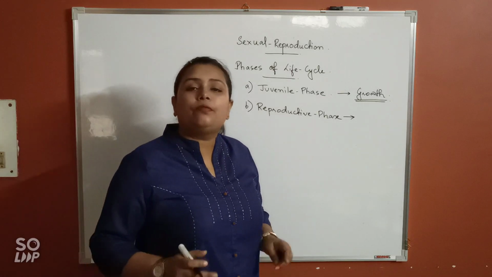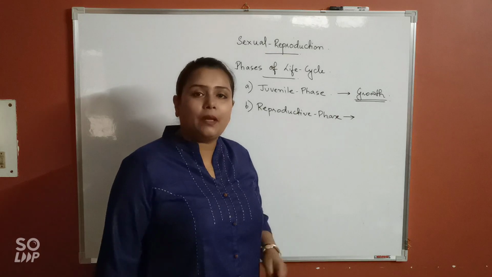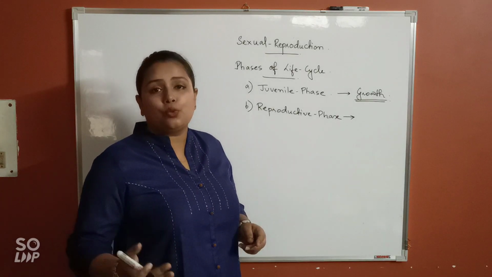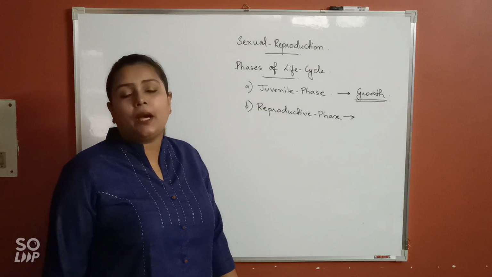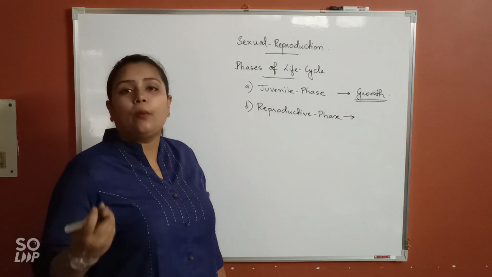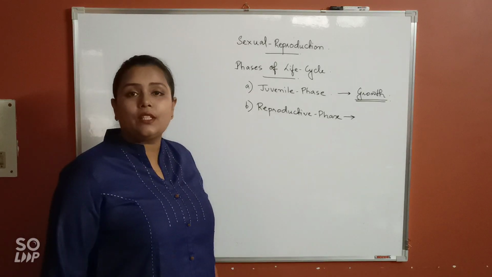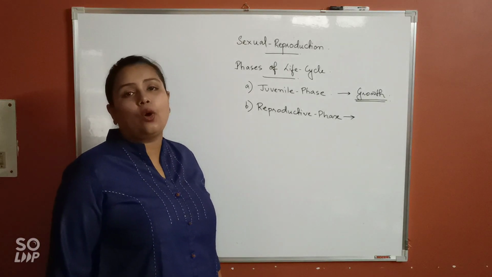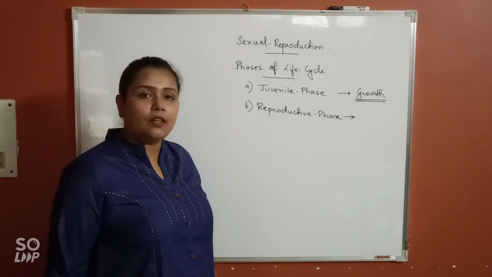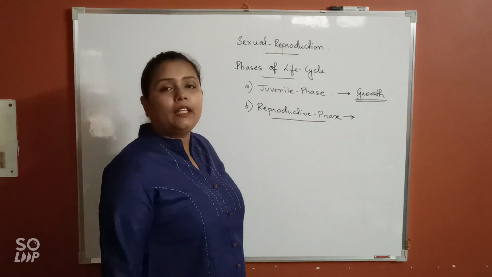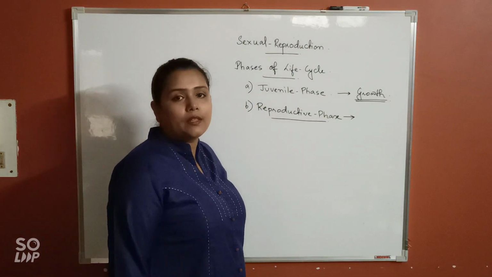Now in case of plants, in higher plants, the reproductive phase is going to be very much visual because it will be marked by the presence or formation of flowers. As soon as flowers form, we know that the plant has entered the reproductive phase.